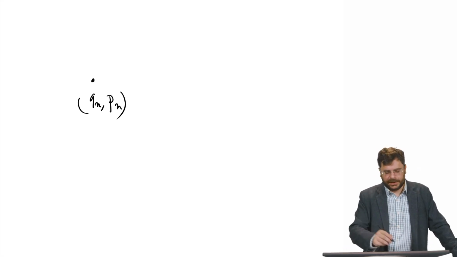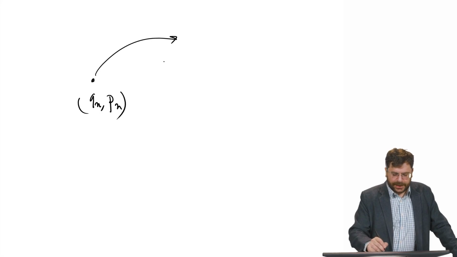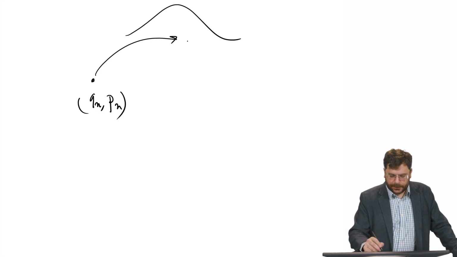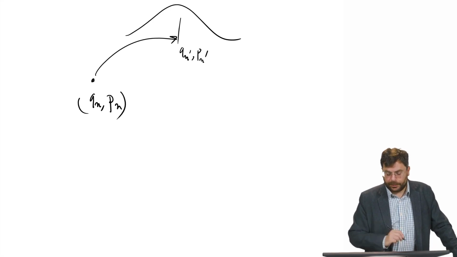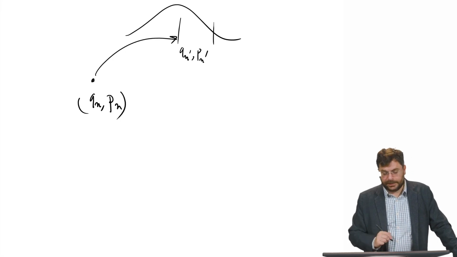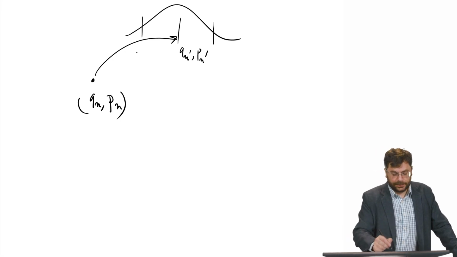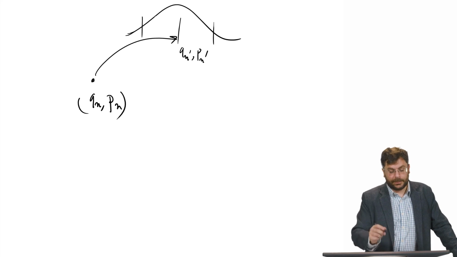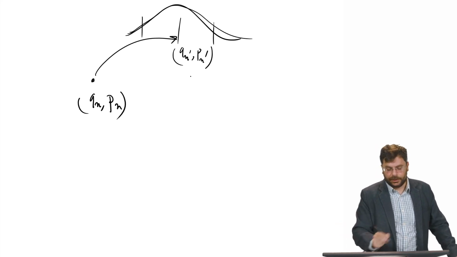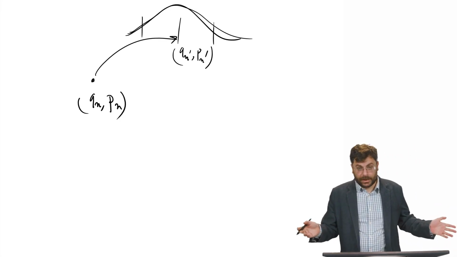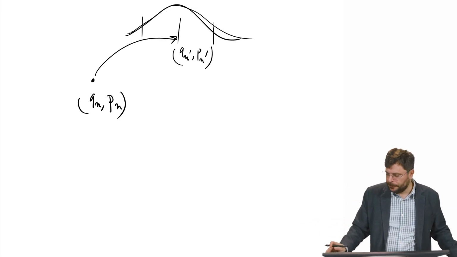So let's go to the case where we start off with some state, Qn and Pn, and we have some probability of landing maybe at some value, Qn prime, Pn prime, different probability of landing at another value, and different one at some other location and so forth. So we have sort of a continuum of states, Qn prime, Pn prime, that we could potentially land on.